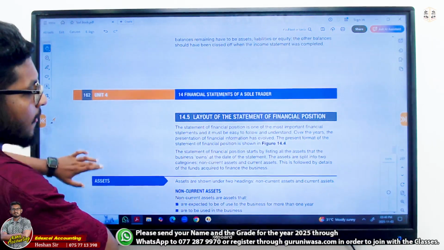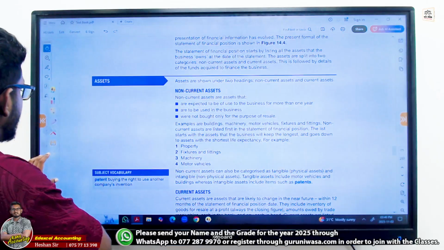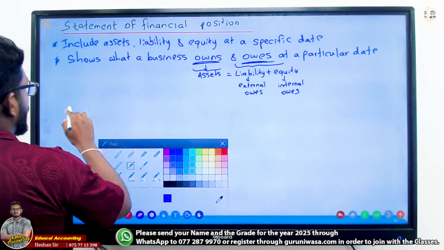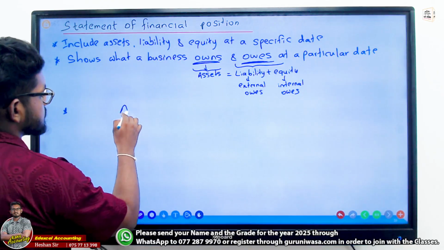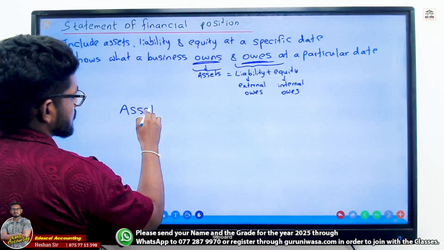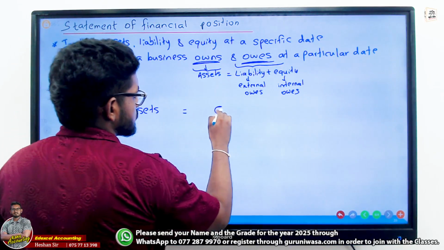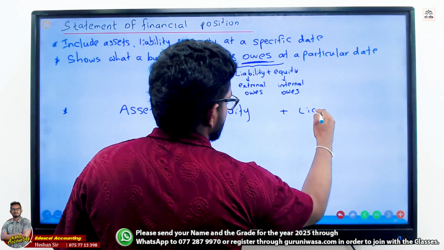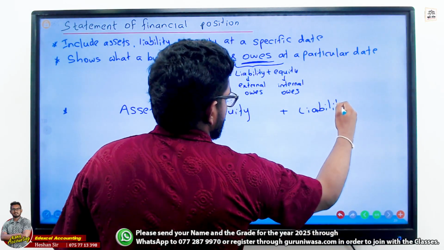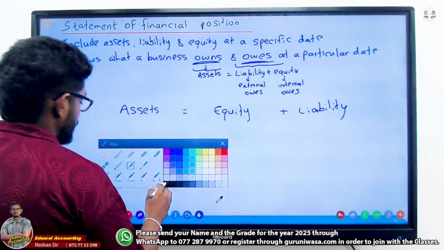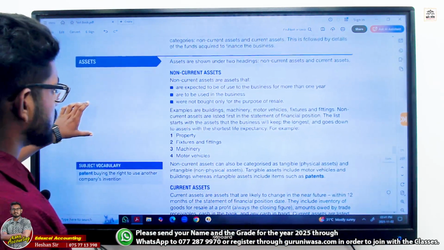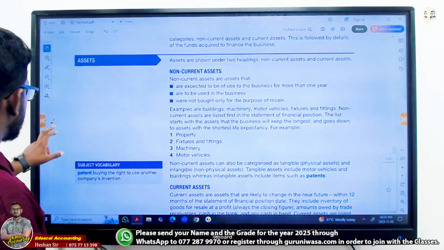This is followed by details of the funds acquired to finance the business, right? Now, normally, if we present like this, total assets of the business equal equity plus liability, or liability plus equity. Look here, right? Now, assets we categorize into two: non-current assets and current assets.